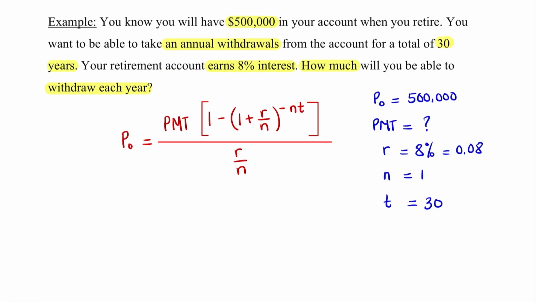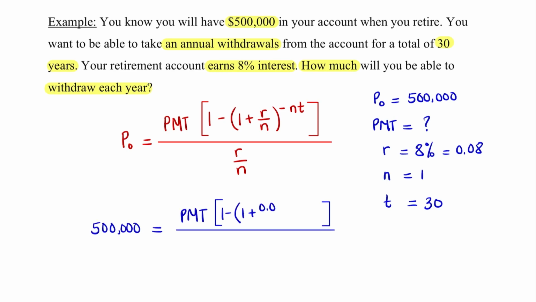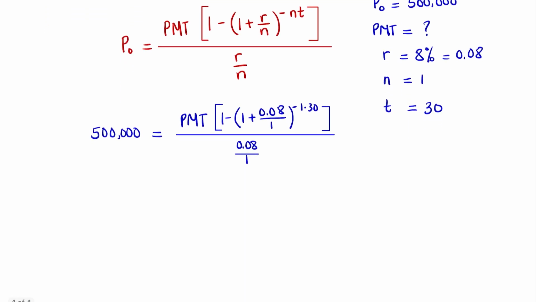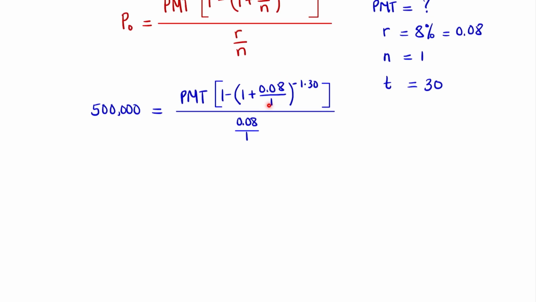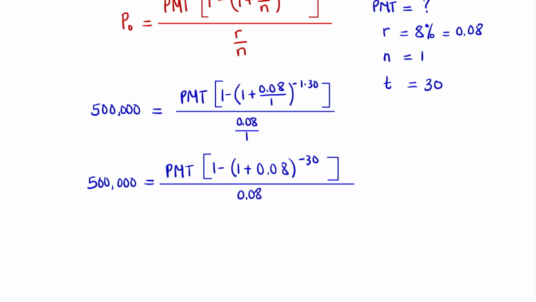I am going to substitute $500,000 in for P of 0, 0.08 in for R, 1 in for N, and 30 in for T. I need to simplify these fractions. 0.08 divided by 1 is 0.08. And also, negative 1 times 30 is negative 30.